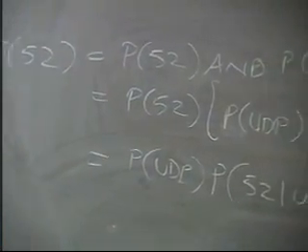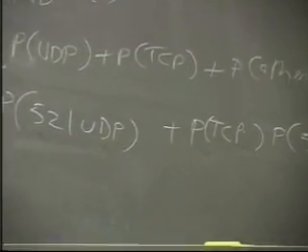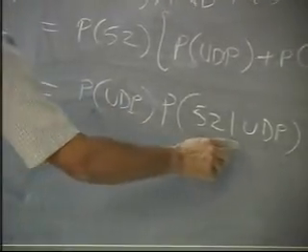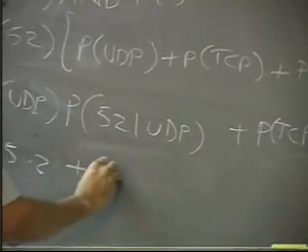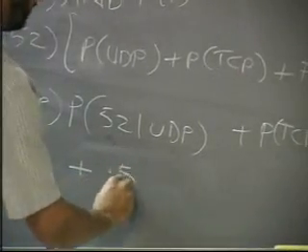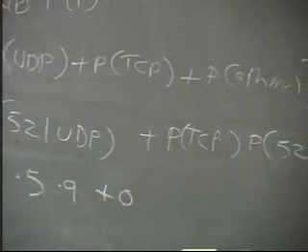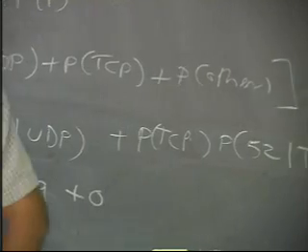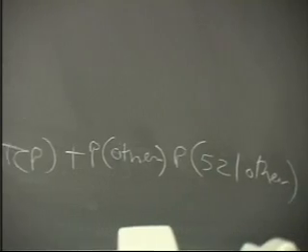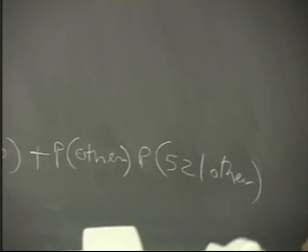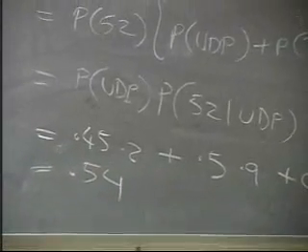And so P UDP is 0.45 times P 52 given UDP is 0.2, plus 0.5, and P 52 given TCP is 0.9, plus 0. And this one comes out to be, I believe, 0.54. Where did I put that? Yeah, 0.54. So that's the number we need, okay?